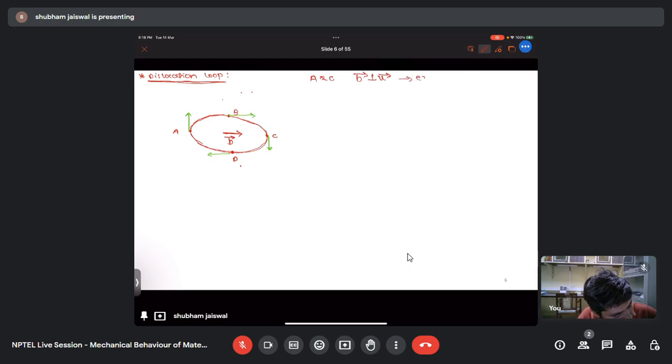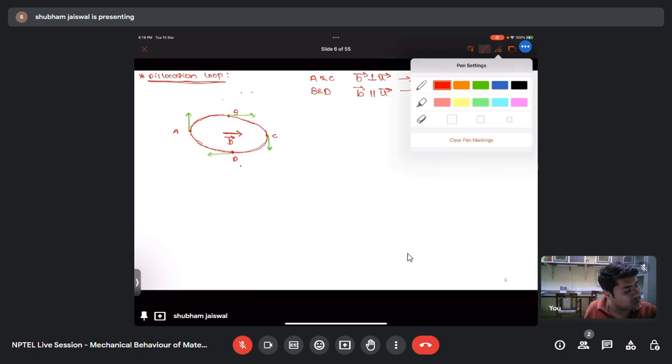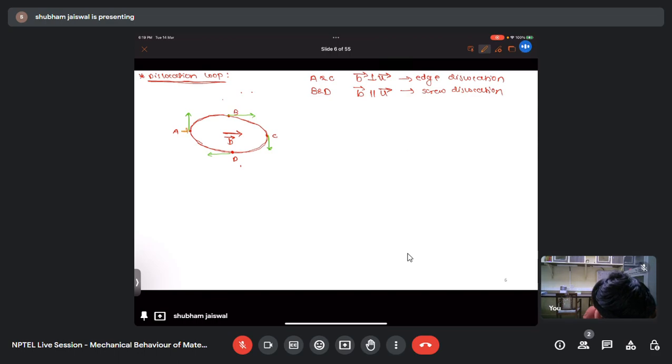So these are the edge dislocation. And at points B and D, the Burgers vector is parallel to the line vector. So these are nothing but screw dislocation.